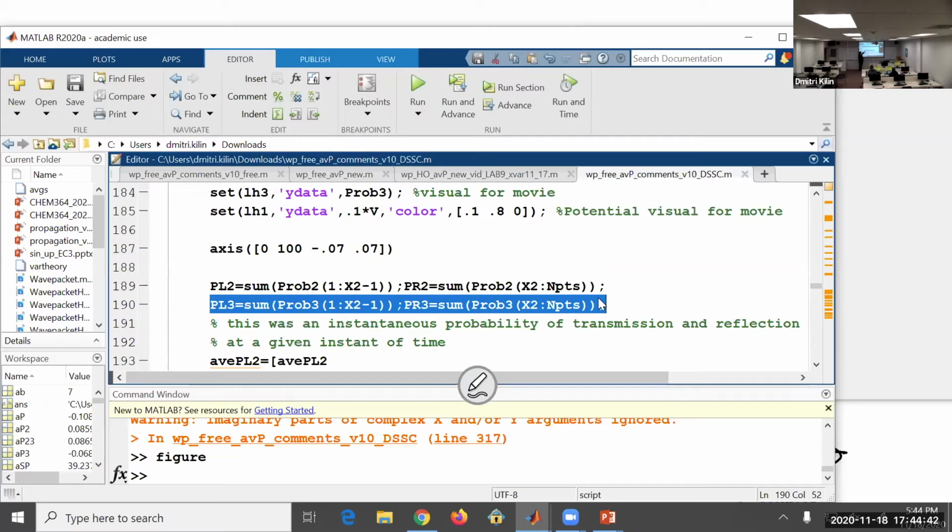So third method, probability left, just making summation until the border. The border here is x2. Probability right, summation of this prop 3 from this border up to the end. So even if I have erased the particular, we can do it over.